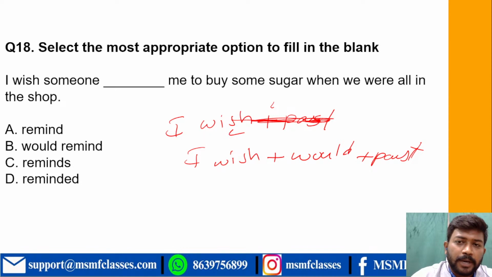Of course "would" is also a past form, so that's the reason I have written it like that directly. Please follow this structure and try to find the answer. Of course the answer is option B, would remind me. I wish someone would remind me to buy some sugar when we were all in the shop.